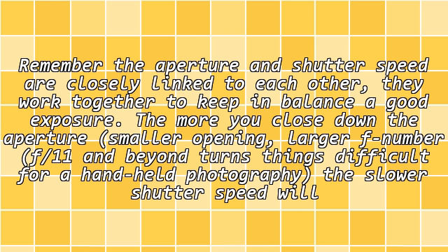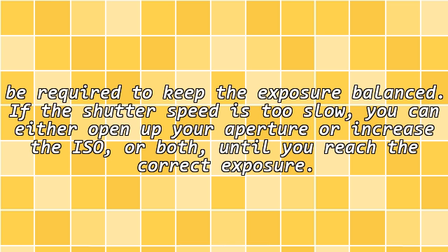The more you close down the aperture, smaller opening, larger f number, f/11 and beyond, the more difficult things get. For handheld photography, a slower shutter speed will be required to keep the exposure balanced. If the shutter speed is too slow, you can either open up your aperture or increase the ISO, or both, until you reach the correct exposure.